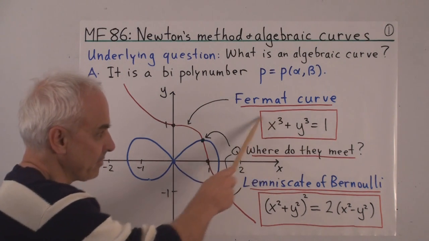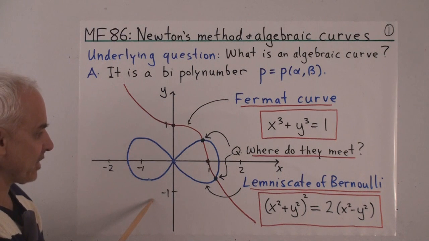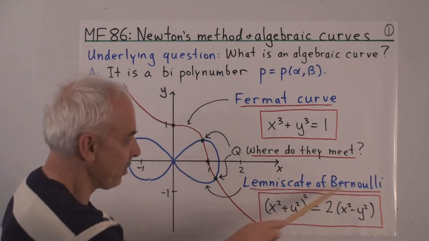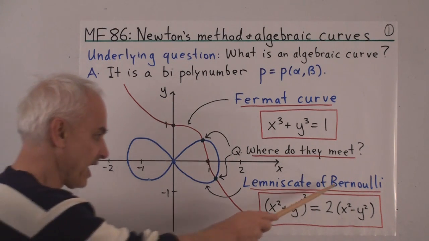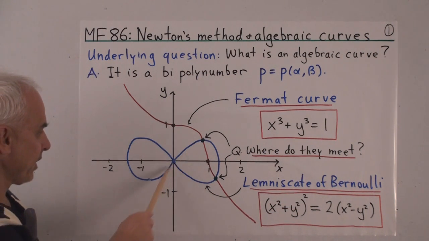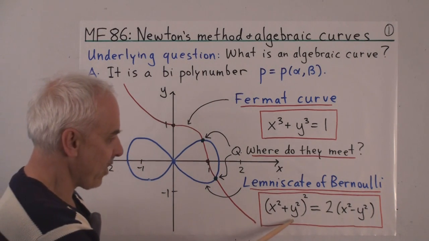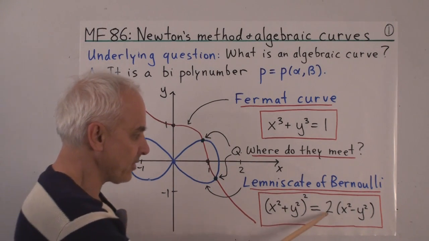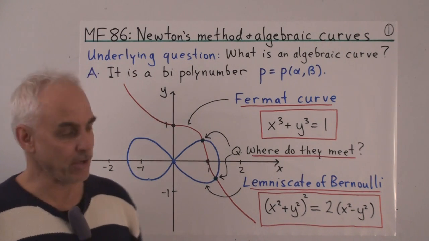Studied by Fermat. Very important curve. And the second curve is the lemniscate of Bernoulli, an even more important curve investigated by Jacob Bernoulli. Looks like this, and it has equation x squared plus y squared all squared equals 2x squared minus y squared, again in Cartesian coordinates.